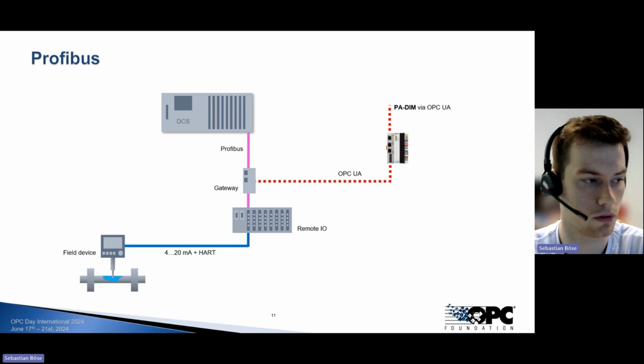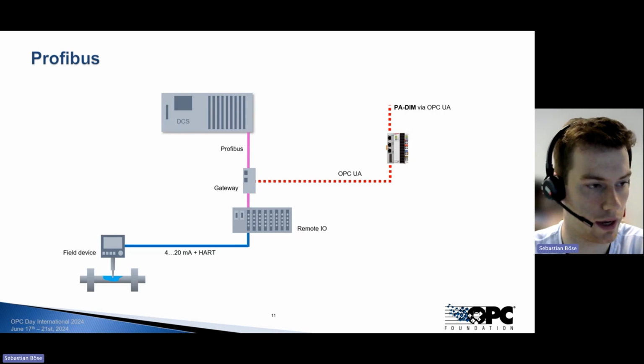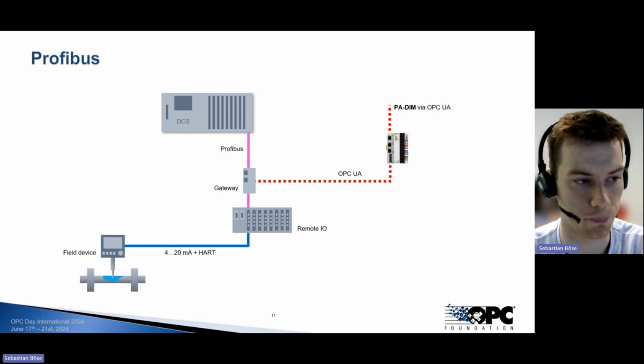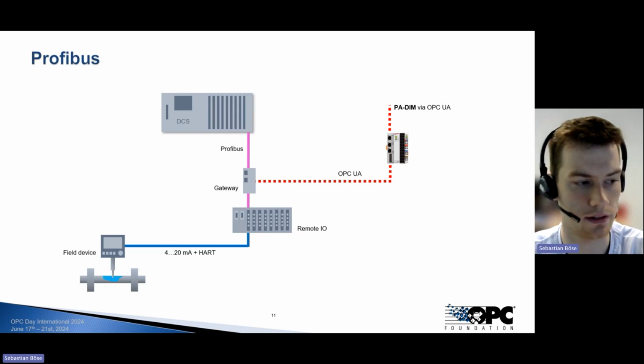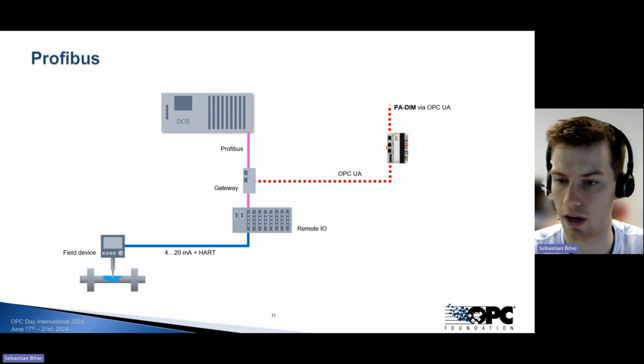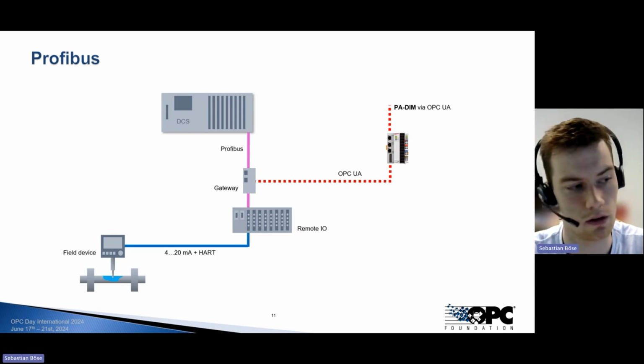For that, we used a gateway, so we did that, or are currently doing that, at some test beds. We used a gateway, and to this gateway, we send all the HART commands through OPC UA methods. So the exact same way that we did in the direct connection to all the HART field devices, which I showed in the first slides.